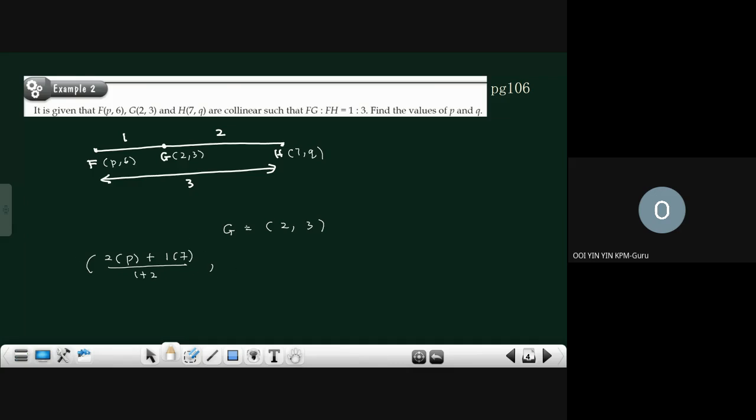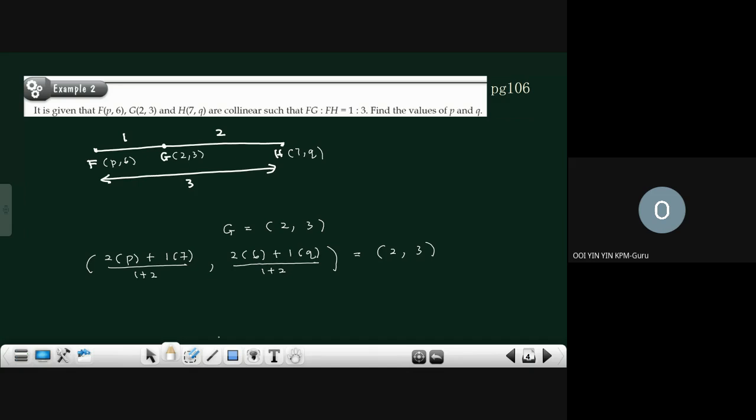Okay, your coordinate y, same go here, ratio 2, multiply with your y1, 6, plus your ratio 1, multiply with your y2 cube. Okay, overall here, divide with 1 plus 2, the overall ratio, and then will be equals to 2, 3.